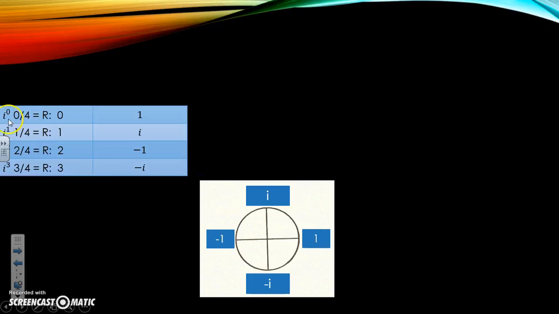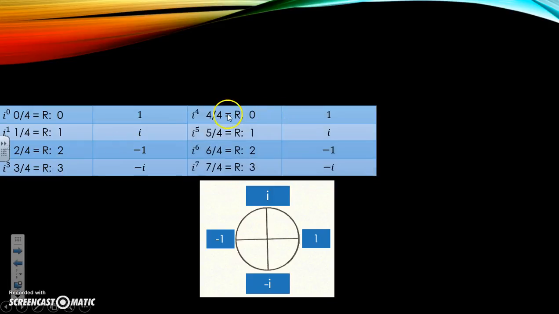So if I divide by 4, with a 0, I get a remainder of 0, a remainder of 1, and a remainder of 2 when i squared, a remainder of 3 when i is to the third power. If I divide by 4 again with my higher powers, I get a pattern of a remainder of 0, a remainder of 1, a remainder of 2, a remainder of 3.